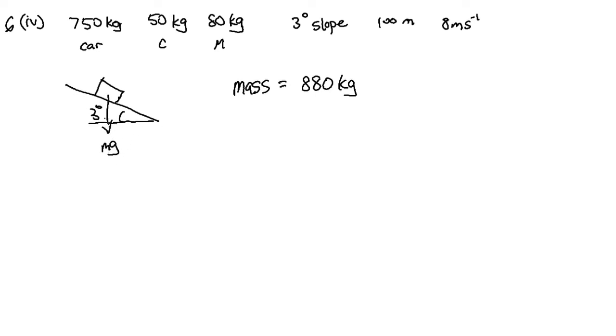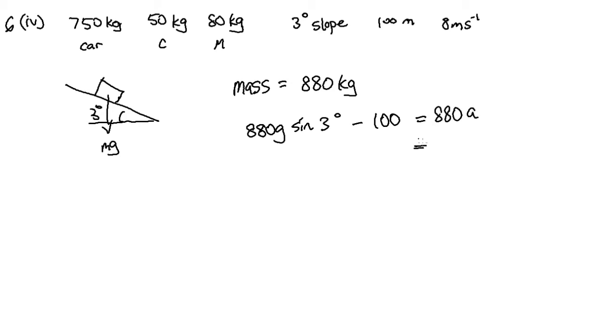The slope is 3 degrees, and therefore the force going downwards is 880 g sine of 3 degrees. That's going down, and we have a constant resistance of 100 newtons, and that will give us MA, where M is 880.